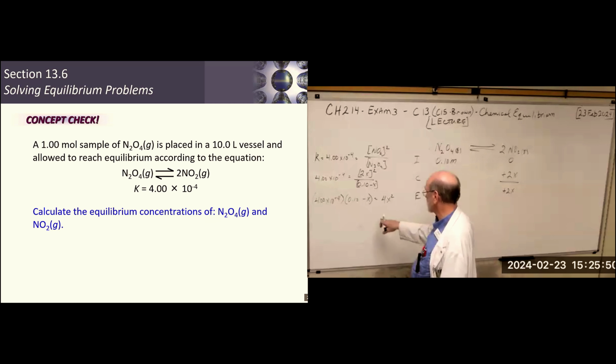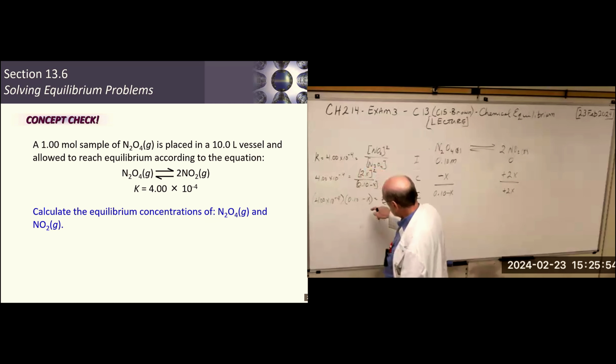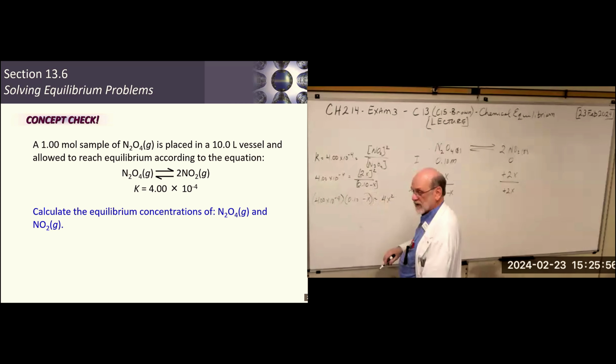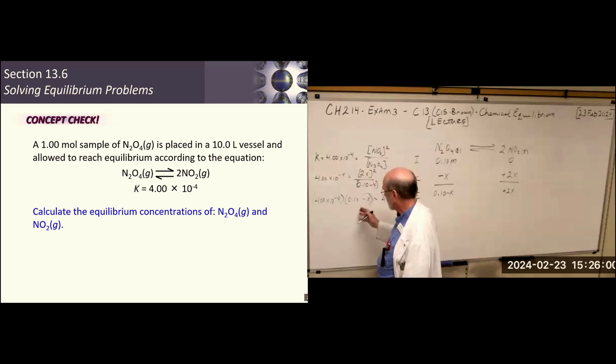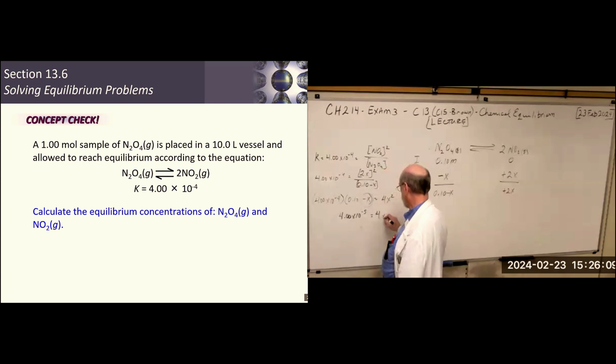So if we can say that x is very small, maybe what we can say is we can eliminate that value right there. If it's really, really small compared to 0.1, and say 10 to the minus 1 times that would be 4 times 10 to the minus 5, correct? 4x squared.